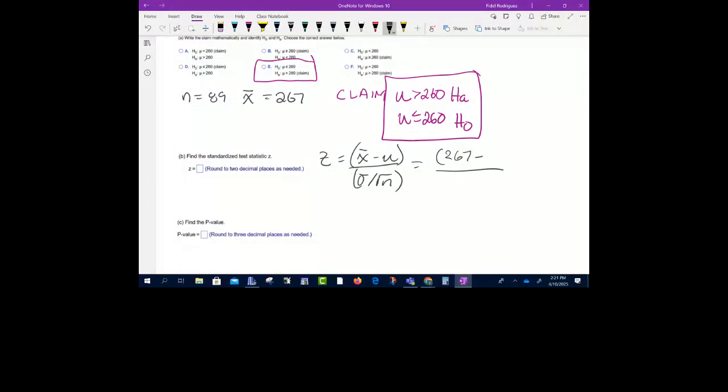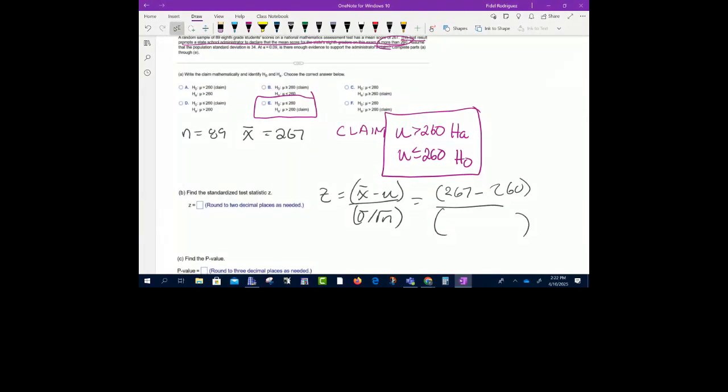What's the claim? 260, right? Good. Now, do we know our sigma? Ooh, you know, we didn't write that down earlier. Do we know our population standard deviation, y'all? 34 right here, right? Boom, it's 34. So look, y'all, 34 divided by the square root. What was our n? 89.